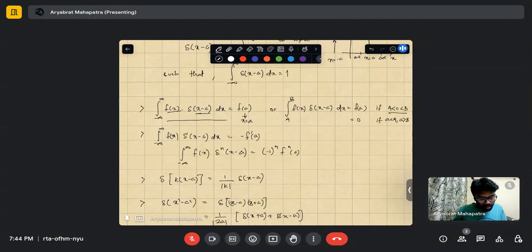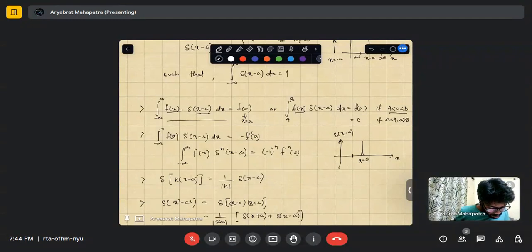What I mean is, let's say my delta function is at x equals a. This is the plot for delta x minus a, and suppose I'm integrating it with a function f of x from limits a to b.